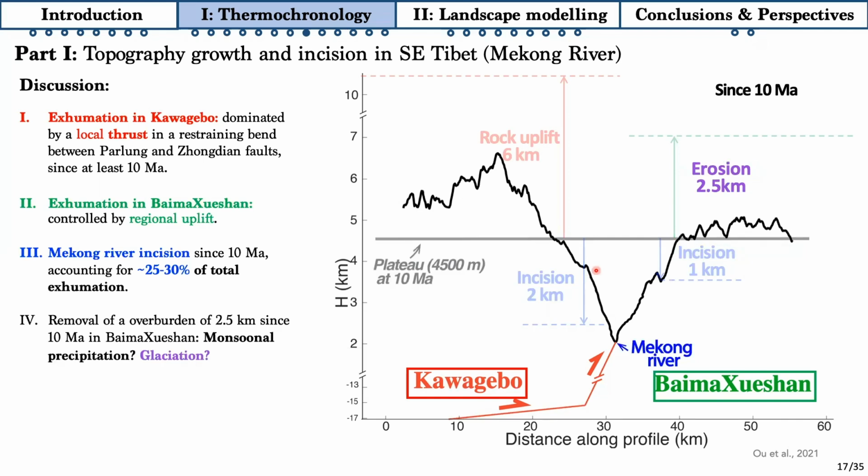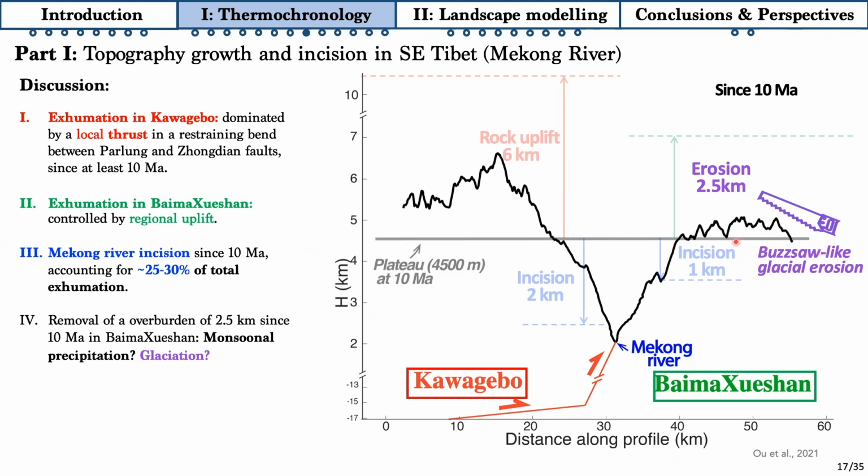And we also observe a remarkable removal of the overburden of 2.5 kilometers since 10 million years on the Baimei-Shenshan massif. So the low relief surfaces of the Baimei-Shenshan massif, due to the strong erosion, this strong erosion is thought to be related to the enhanced monsoon precipitation, or the basal soil-like glacial erosion since at least 2 million years.